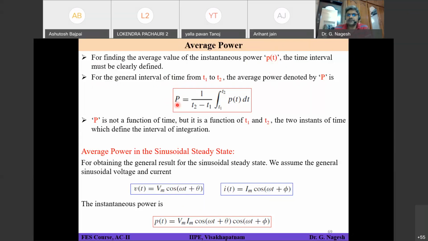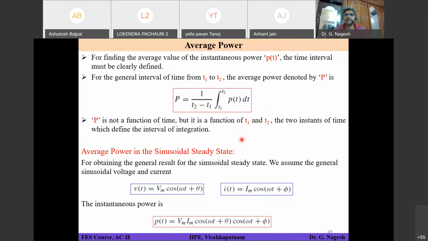This is how you are going to calculate the average power, and it is always denoted with capital letter P. This average power is not a function of time, but it depends on the time limits t1 and t2, because we are integrating between these two limits.